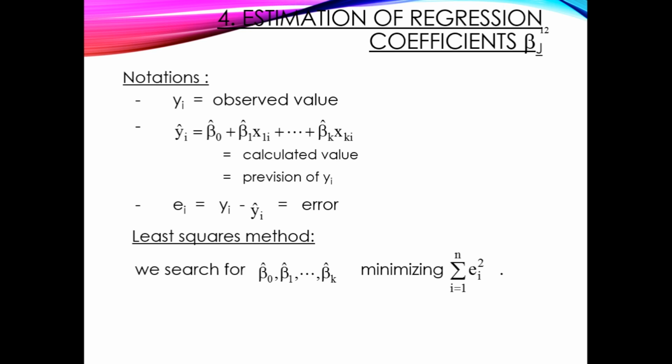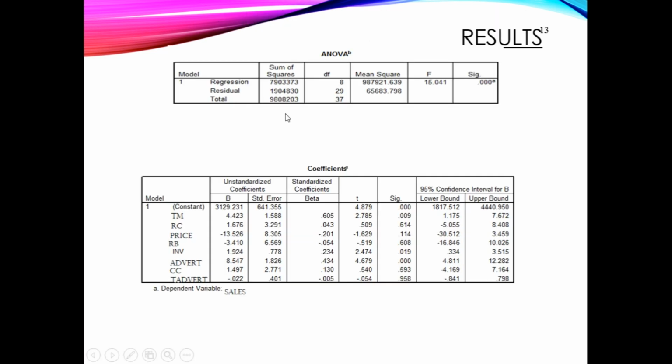So using the least square method, we can obtain some results. Based on the data that I showed you a little bit earlier in this tutorial, you can compute the mean square, and you can also compute the mean square of the residual.